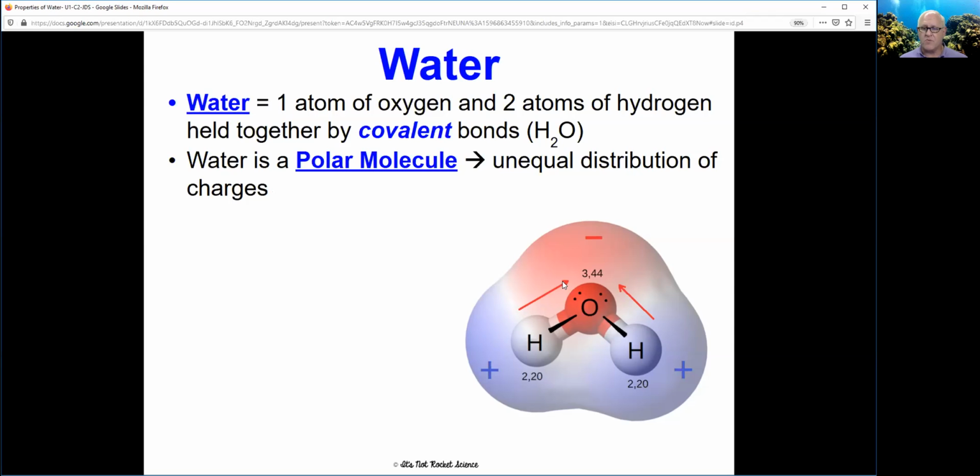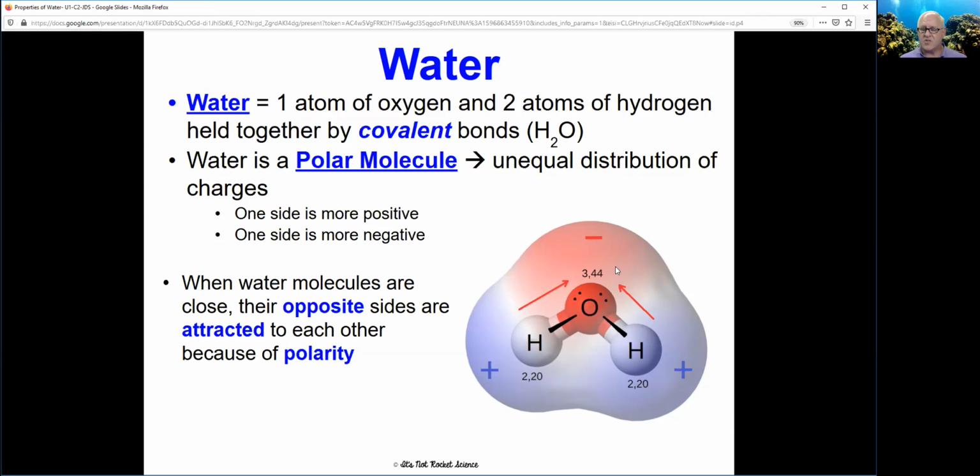Water is a polar molecule, which means that there's an unequal distribution of the charges. You'll see one side is more charged than the other. The hydrogen side is positive and the oxygen side is negative.